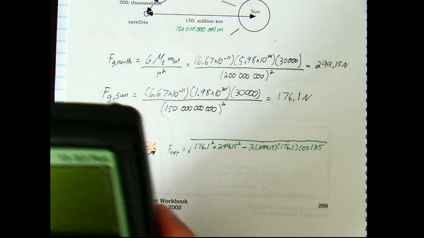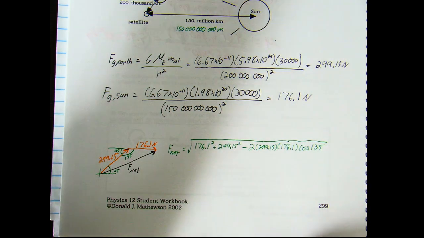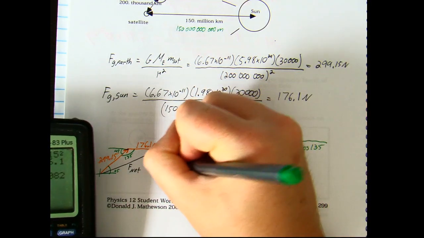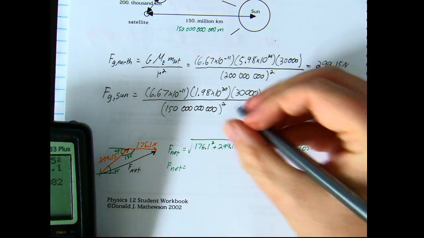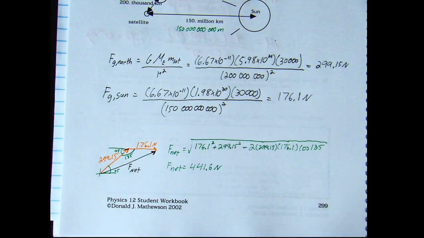If I run this through, we find that F net equals 441.6 newtons.